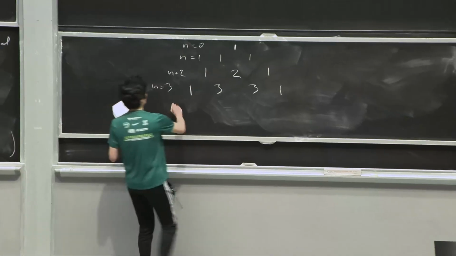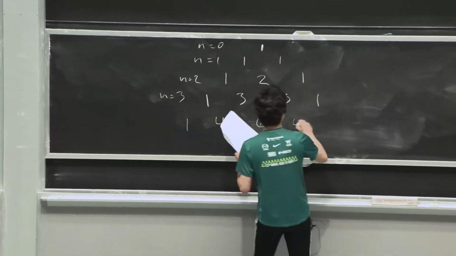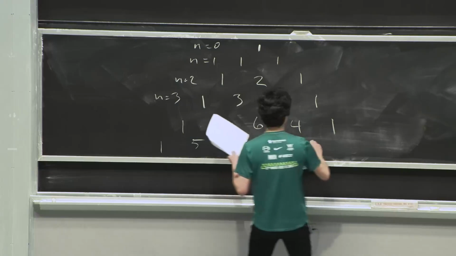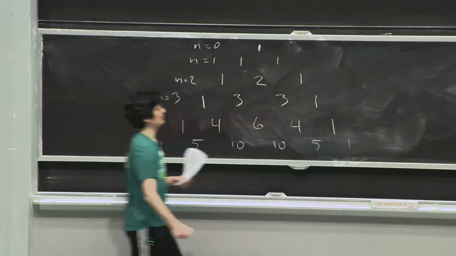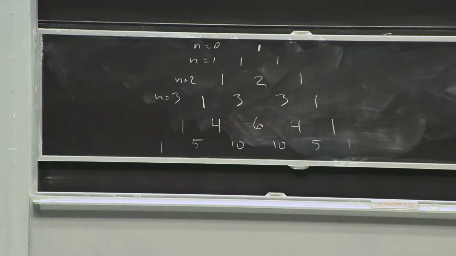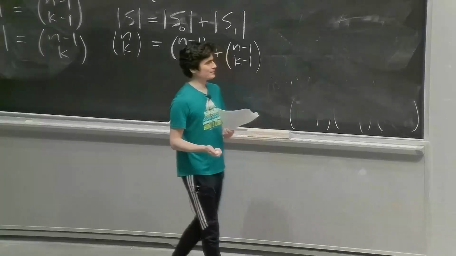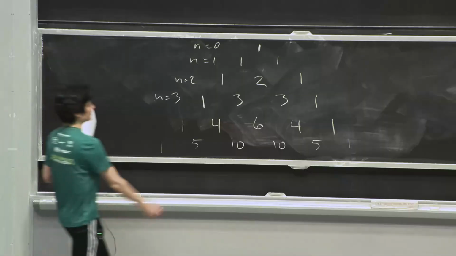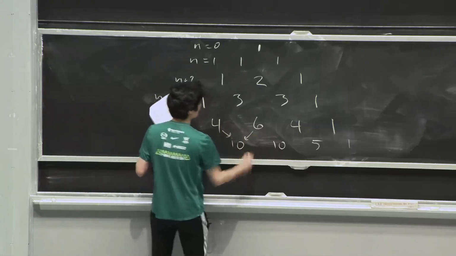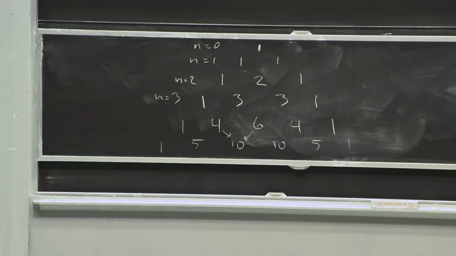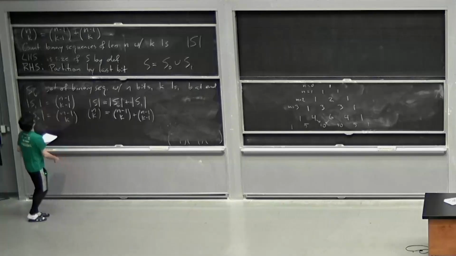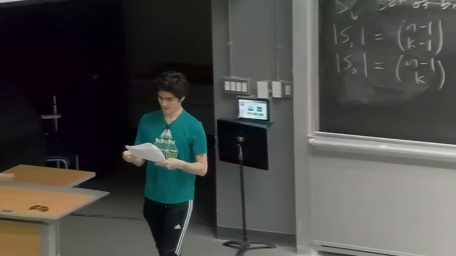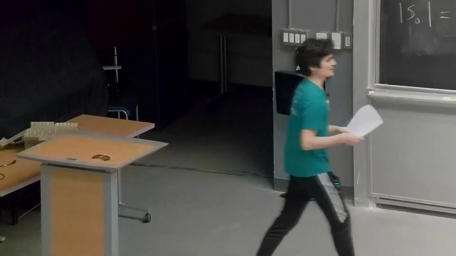If you write all of these out, what we just proved is that every entry of this triangle is the sum of the two entries above it. If we take this 4 and this 6, they sum to 10. That is essentially what this identity is saying. This is what we call Pascal's triangle.